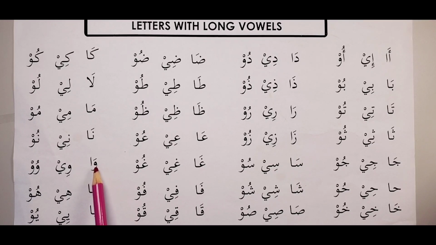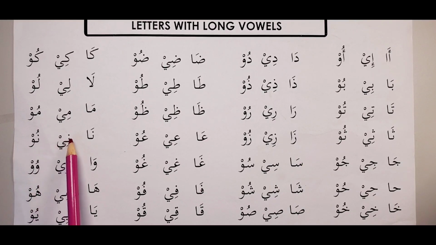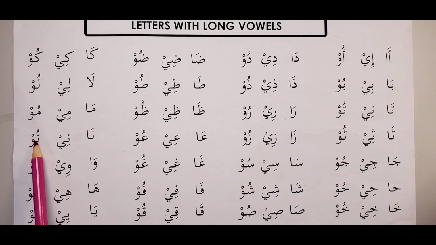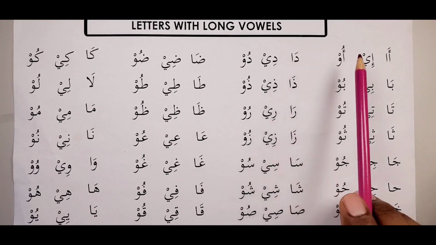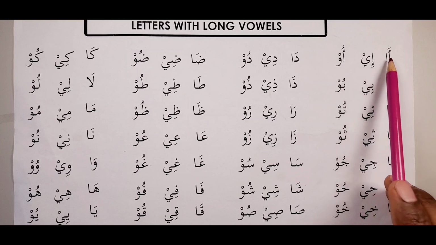This next one, remember we said this is a non-connector. That's why you cannot join waw and alif, waw and ya, waw and waw. Okay, but if they're the last ones with the connectors, you see you can join them. Look at waw here, you can join it with nun, but you cannot join waw and any other letter. Look at the non-connectors. You cannot join them again to the next letter.